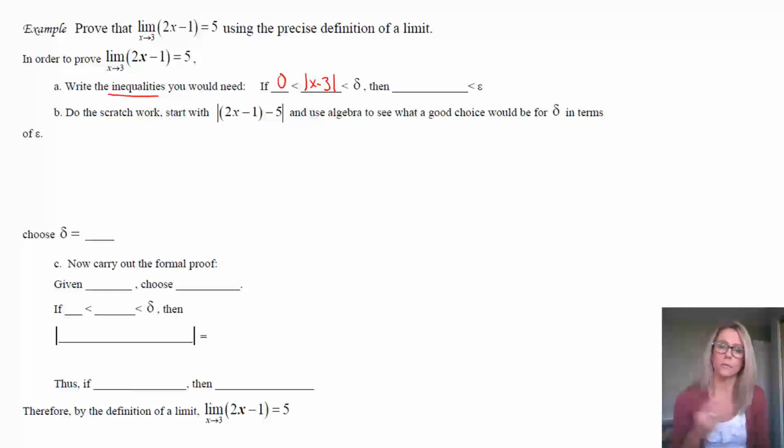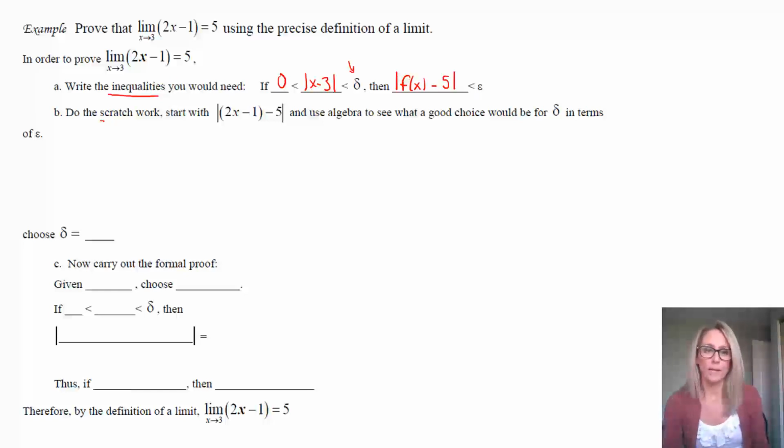That's always going to be greater than 0, since it's an absolute value, and we want it to be less than delta. And then anytime that is true, we want the absolute value of f of x minus our limit, which in this case is 5, to be less than epsilon.